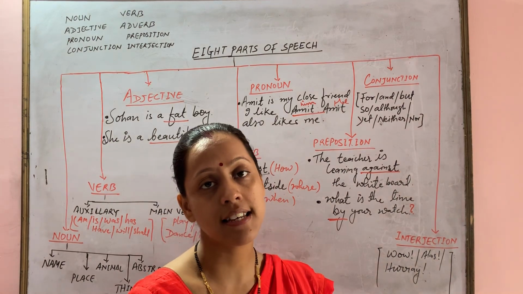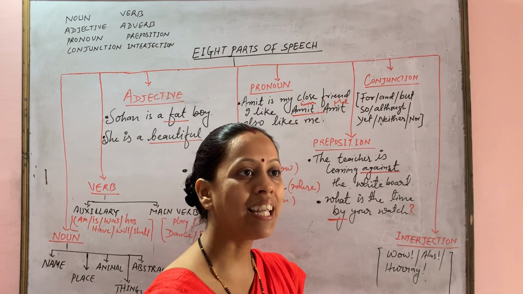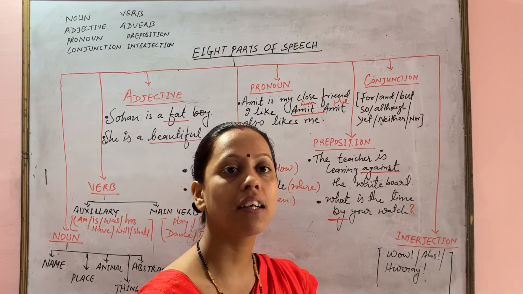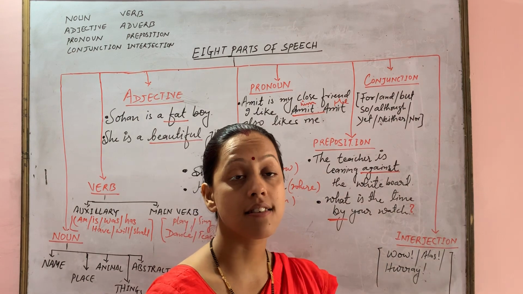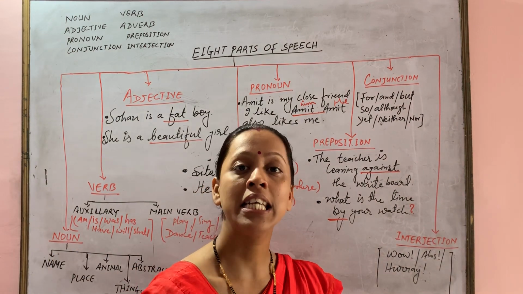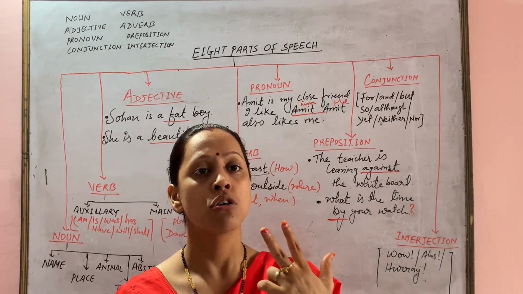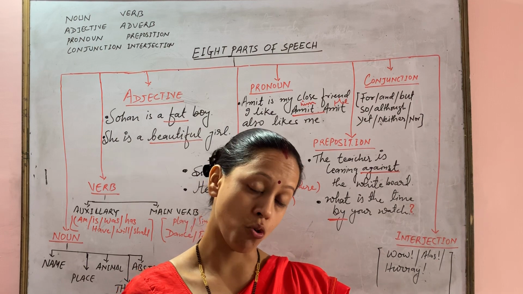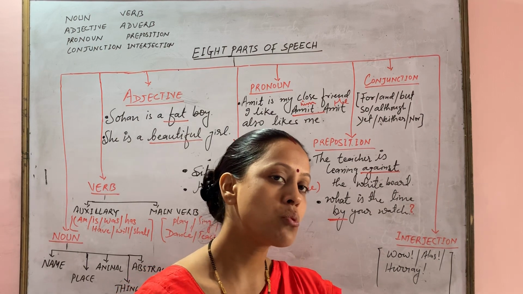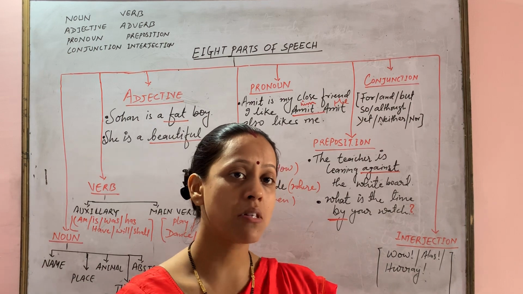Even in ICSE class 10 boards, 12 boards, and other boards also, you get questions of joining sentences without using and, but, or, so, which we find the easiest. So there are many ways you can join two simple sentences to make a complex or a compound sentence.